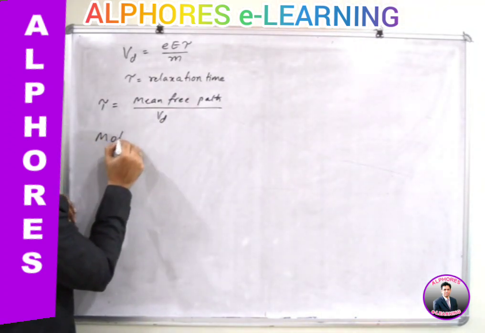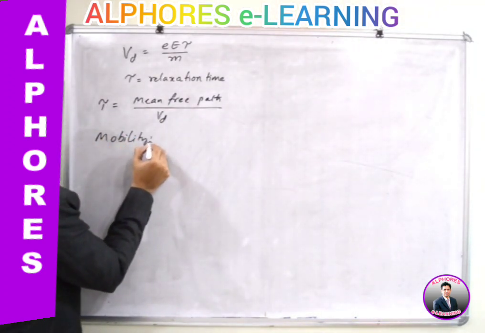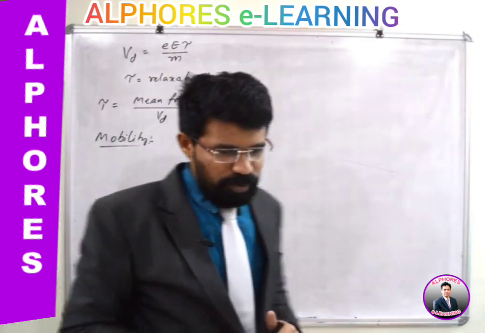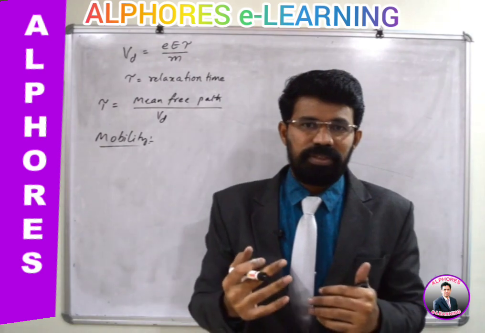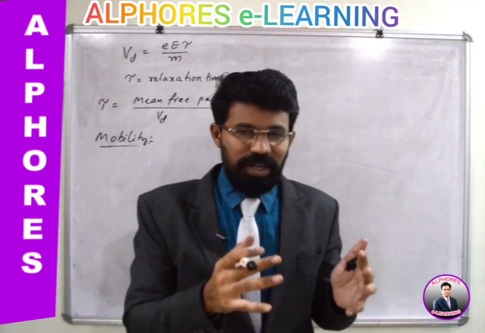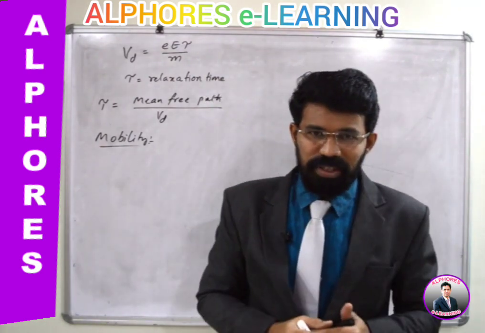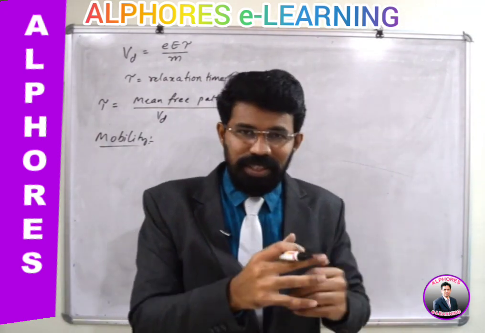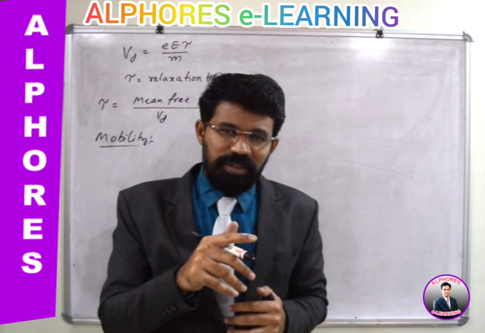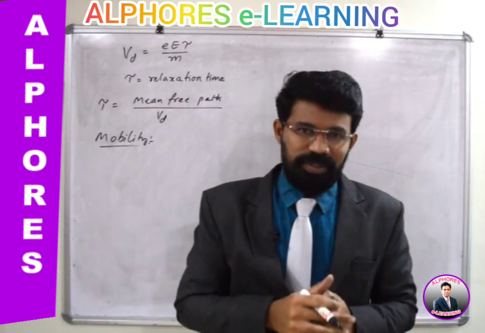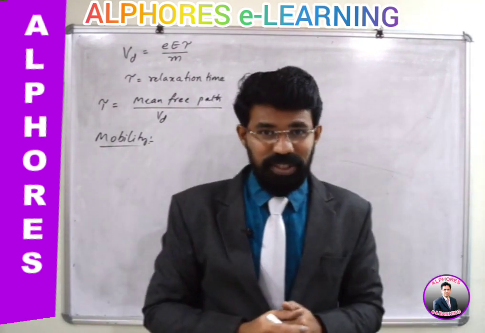It's mobility. We keep on defining things in physics based on our requirement. If I am supposed to perform an experiment or analyze any data, somewhere I am going to realize that it would be good if we define a particular physical quantity. Like that, you can talk about mobility here.